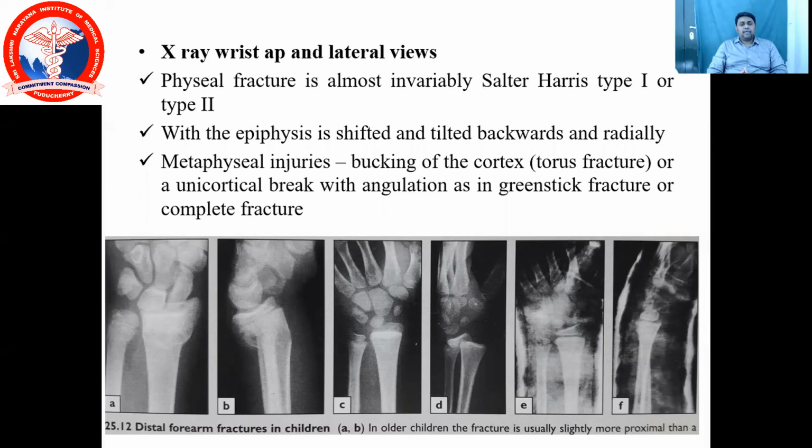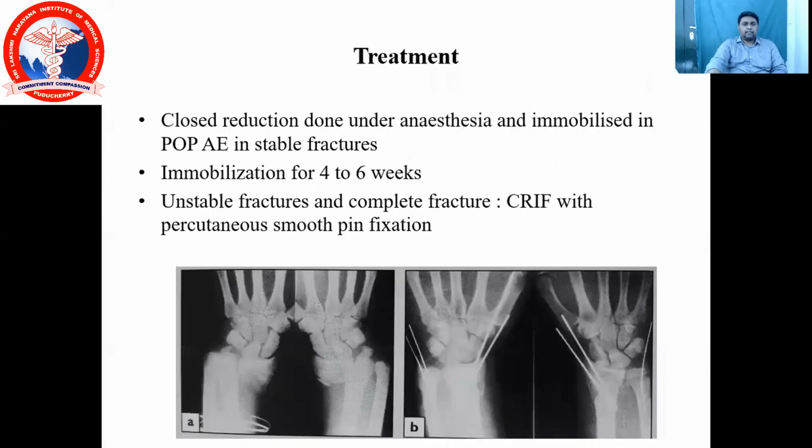And if you see the images C and D, it is clearly an epiphyseal fracture where the epiphysis is displaced dorsally. So what you do is you give traction, reduce, and then apply a POP. Whenever the epiphysis is involved, and in the Salter-Harris classification it is type 2 or more, then the prognosis is not that good, because if there is a complete epiphyseal fracture and it is not reduced properly, then growth disturbance will be there.